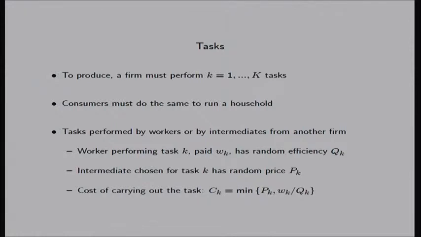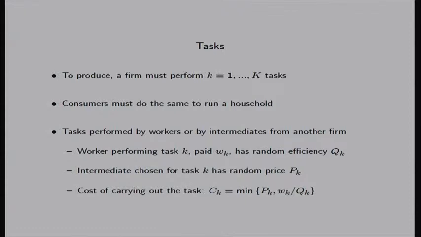Okay. So what are the inputs into performing these tasks? As I mentioned, either a worker, which has a wage and a random efficiency, or an intermediate good, which has a random price because of the randomness of the search process, your luck in the draw in choosing an intermediate producer for yourself.